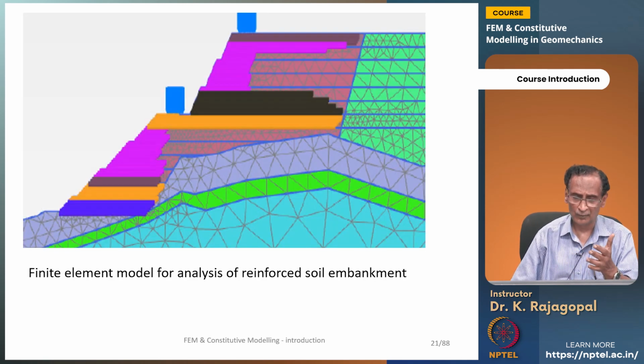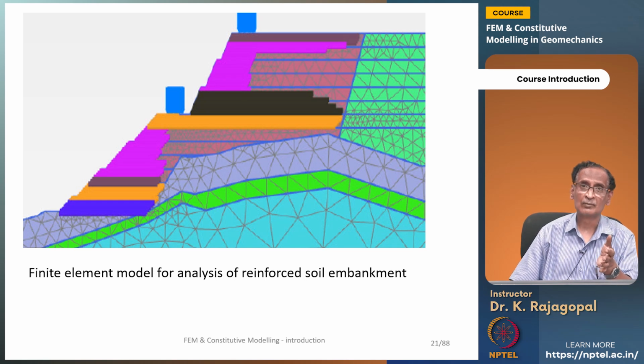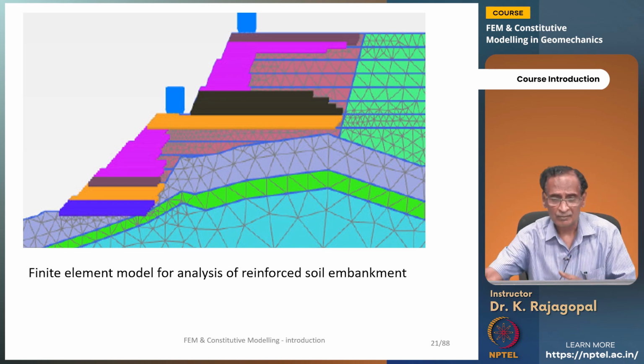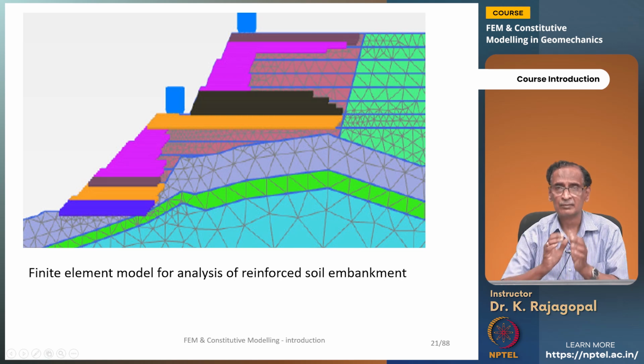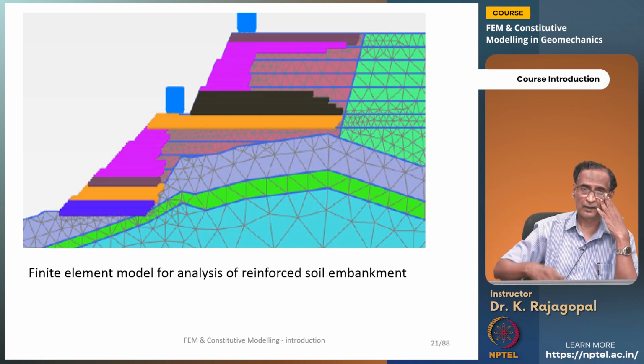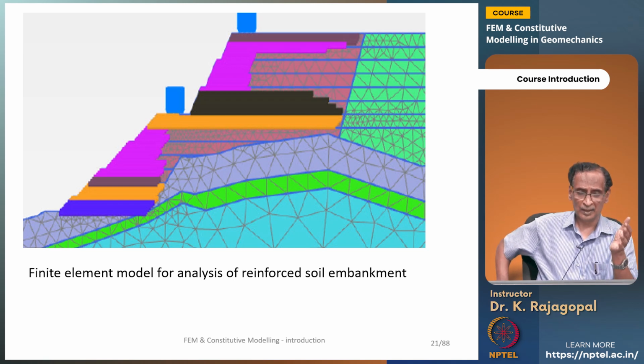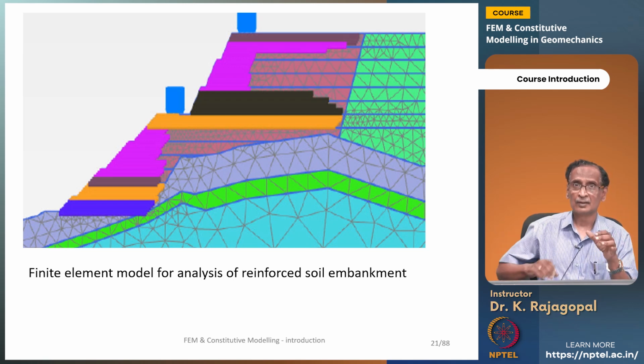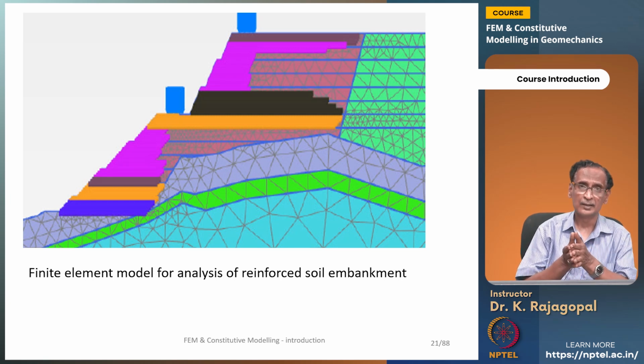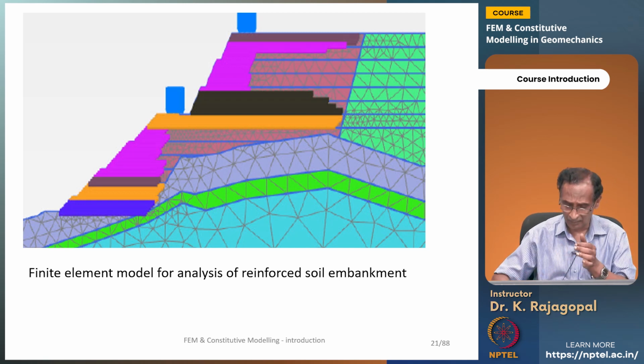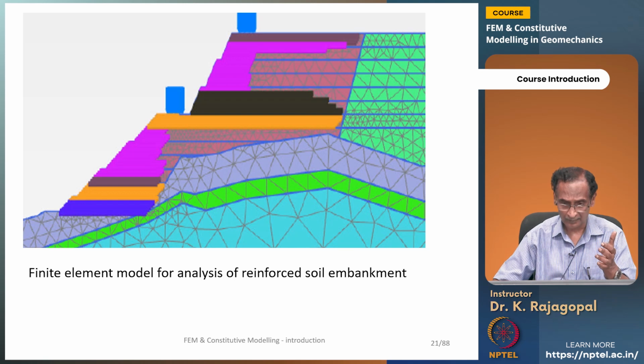Or we can go in for the full-fledged finite element analysis that will tell us the forces developed in the reinforcement layers, and then what are the deformations, and then we will be able to include the actual geometry. We don't need to simplify any specific, say, weak spots of the soil or anything. Then we can easily incorporate the phreatic surface and the external loading and so on, and then we can do the finite element analysis and get our factors of safety.